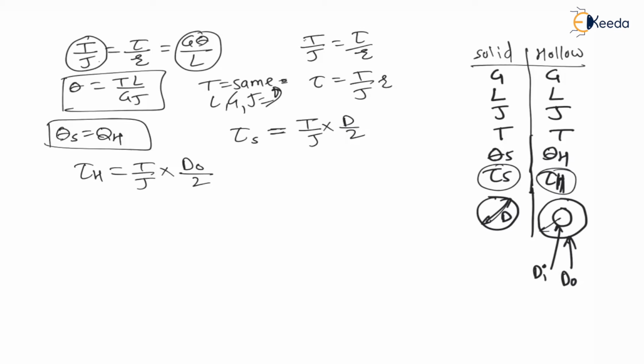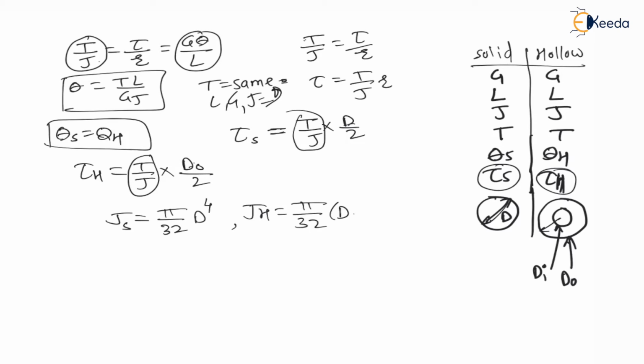Now here in these equations, T by J is same for both, but we have to check the relation between D and DO. Now J is same. For solid shaft J is pi by 32 capital D power 4, and for hollow shaft J is pi by 32 into do power 4 minus di power 4.